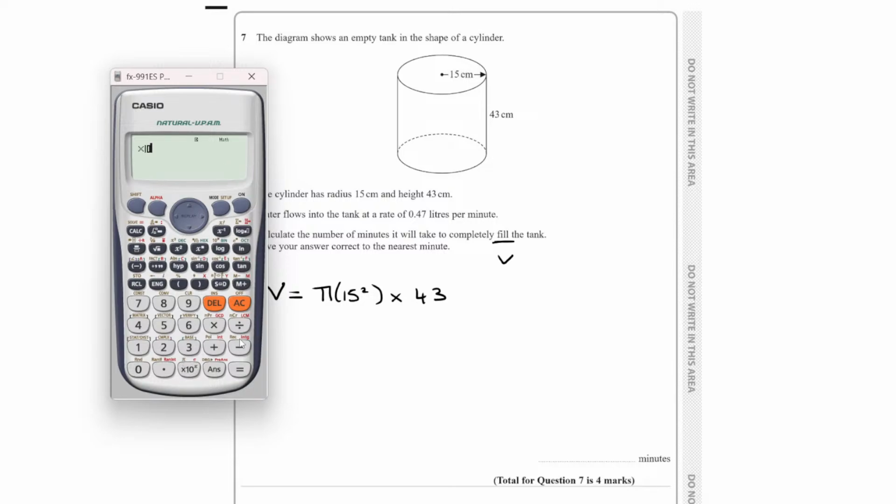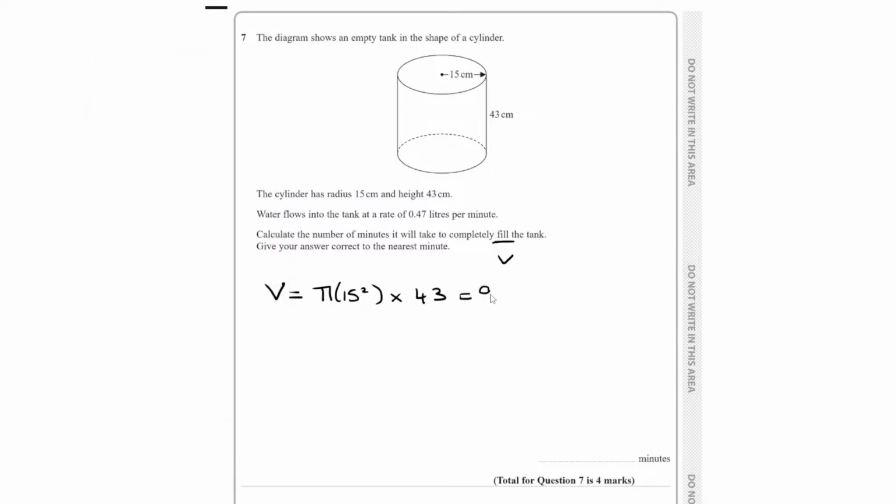So pi times 15 squared times 43. I'm going to leave it just in terms of pi at this point, just so we don't round it. So 9675 pi.